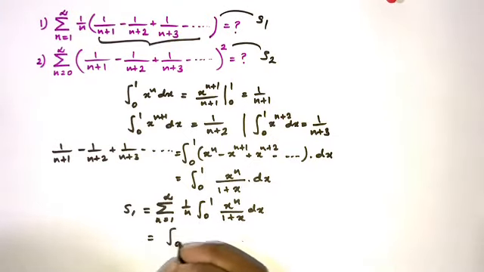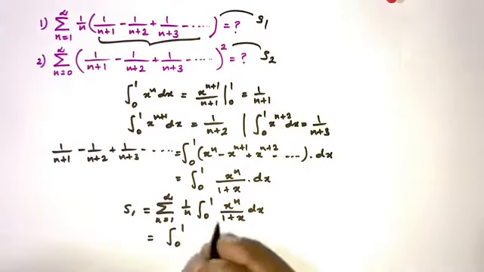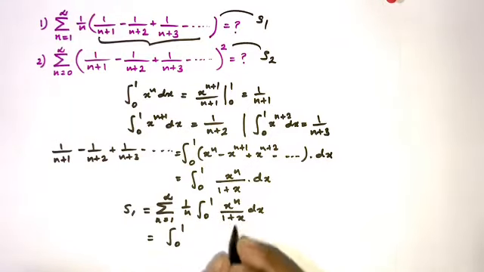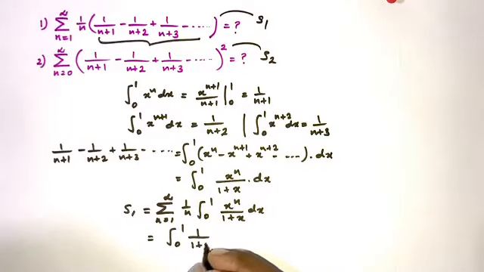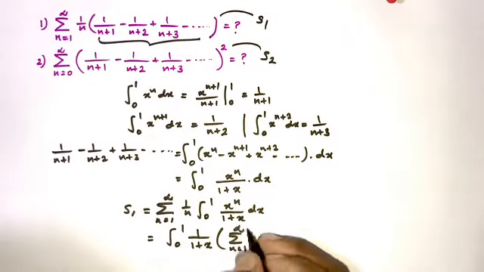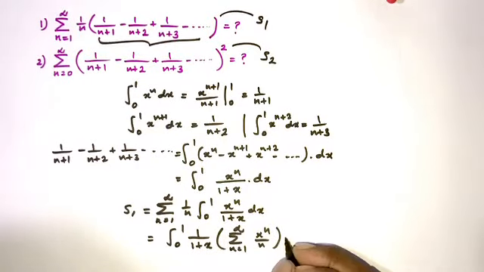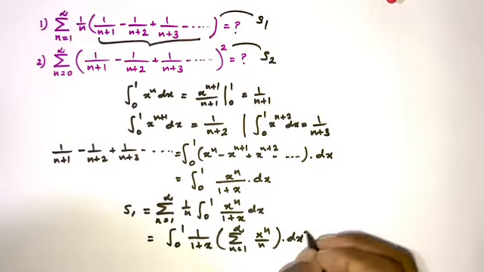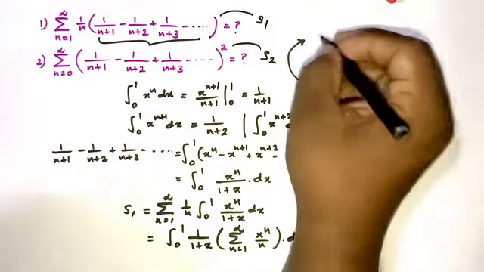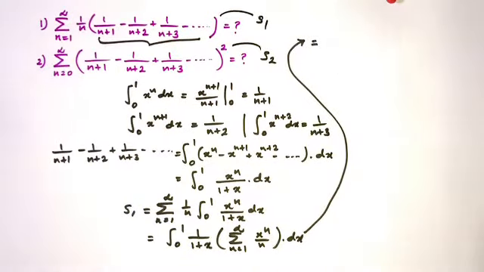So here the integral from 0 to 1 of 1 over 1 plus x, times the sum from 1 to infinity of x to the n over n, dx. Now this is a very famous infinite sum, and we know this is equal to minus natural log of 1 minus x.